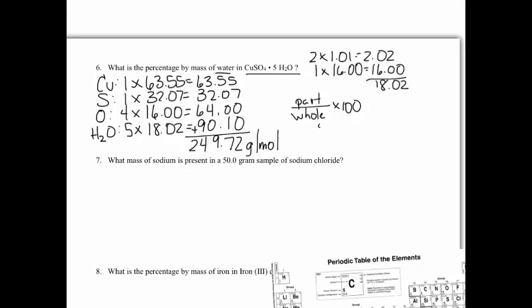So our part is 90.1 over the whole, which is the GFM, 249.72, and then we multiply by 100. And when all is said and done, you should get 36.08%. So in a sample of hydrated copper sulfate, you should get 36.08% of that as water.